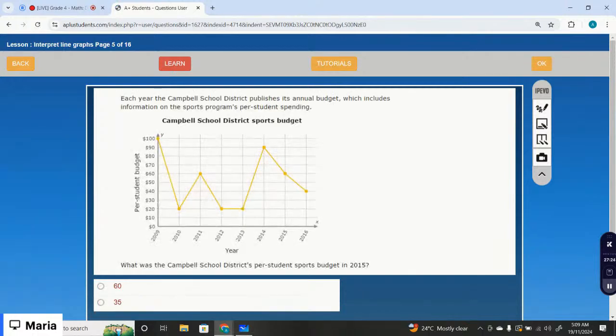Each year, the Campbell School District publishes its annual budget, which includes information on the sports programs per student spending. What was the Campbell School District's per student sports budget in 2015?